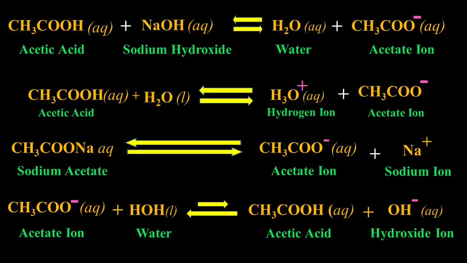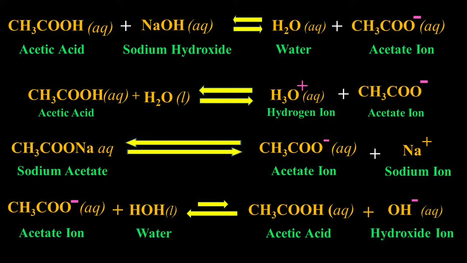Here are the 4 reactions that summarize what we've been doing for the buffer system of acetic acid and the acetate ion. Notice I am not saying ethanoic acid or ethanoate. Just keep it simple. So you have acetic acid plus sodium hydroxide yields water plus the acetate ion.